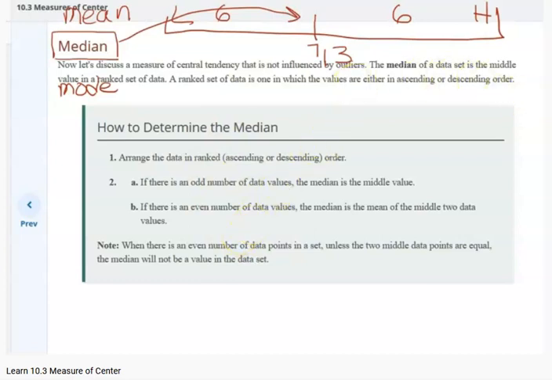Now, there's one little difficulty: suppose you only have 12 scores and you're lining them up. So theoretically, there's 6 on this side, 6 on this side, and there is, in a sense, no middle.